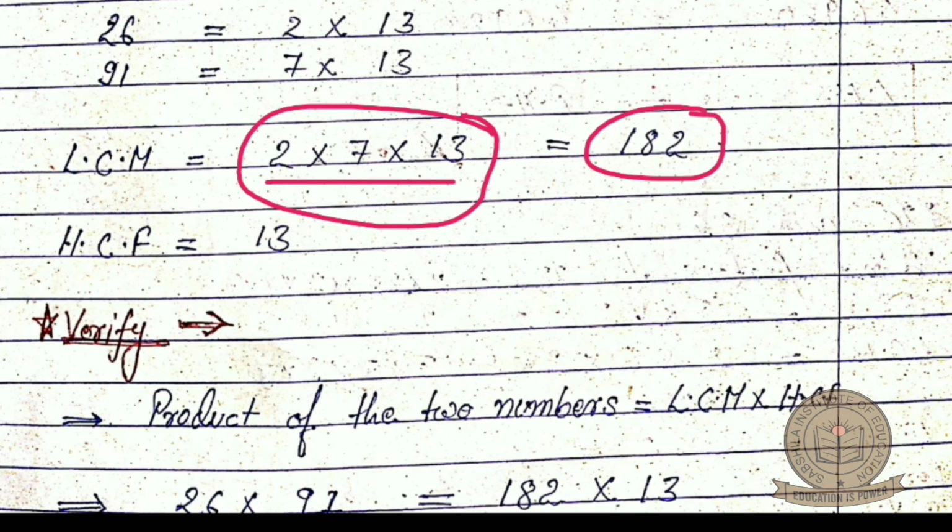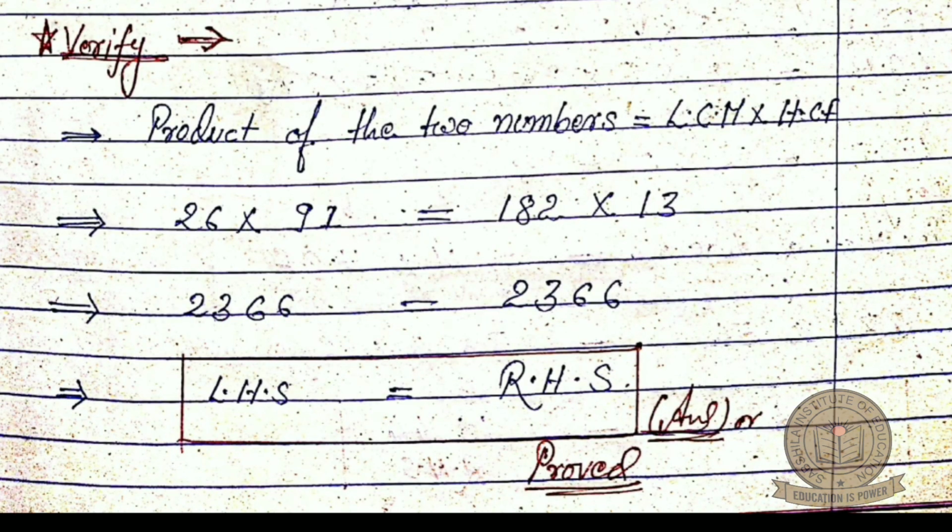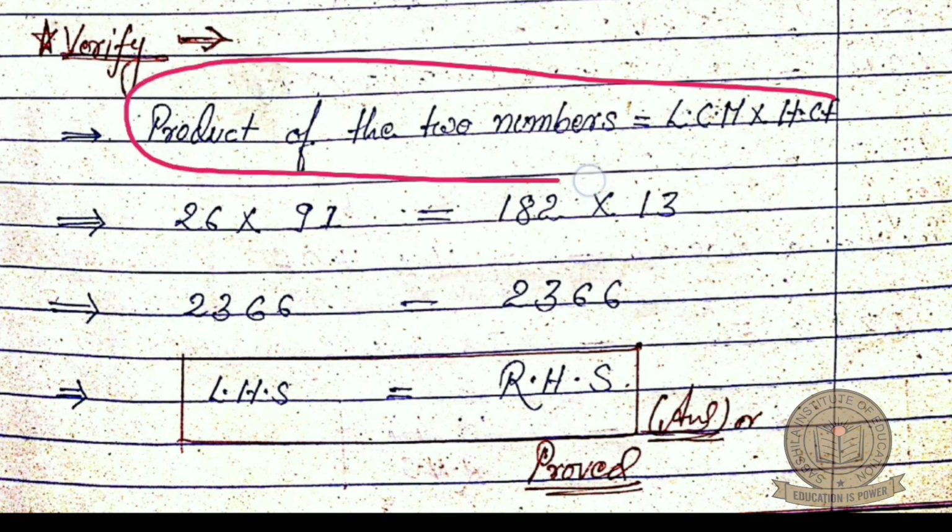If you don't know how to find the LCM and HCF, I have made one more video. Now we have to verify. For the verification, you have to use the formula: the product of the two numbers is equal to LCM into HCF.